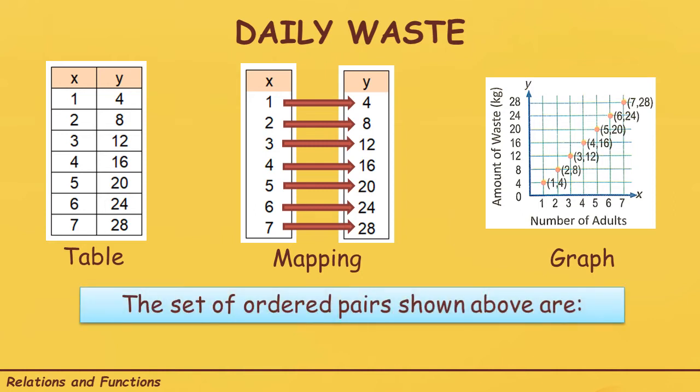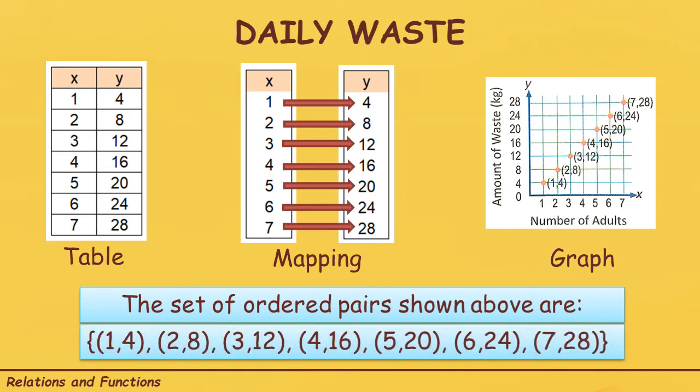So there is a question, or not a question, but the set of ordered pairs shown above are, so pwede pala natin siyang ipakita through ordered pairs kasi meron tayong x at y. So makikita kagad natin yan. So they are (1, 4), (2, 8), (3, 12), (4, 16), (5, 20), (6, 24), (7, 28).